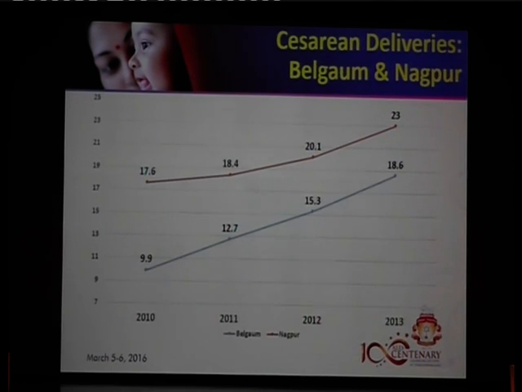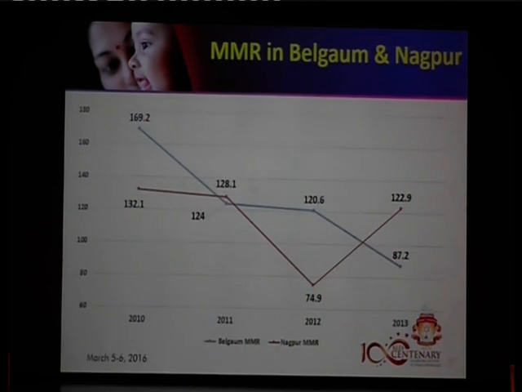And because facility births have increased, there is an increase in cesarean section rates from 9.9% to 18.6% in Belgaum. At present it is around 20%, and in Nagpur it has increased from 17.6 to 23%. This is the maternal mortality. Over time there is a significant reduction in maternal mortality rates.